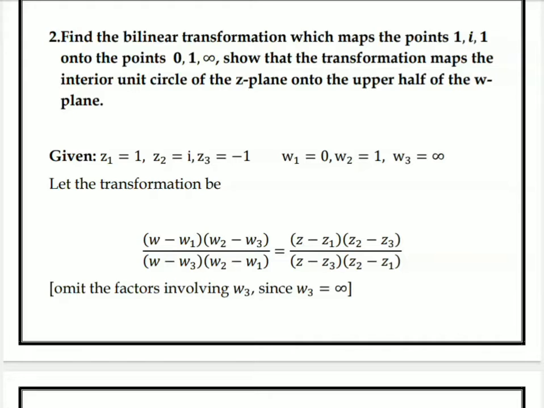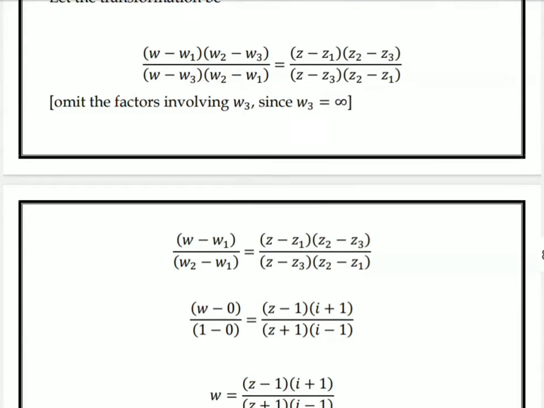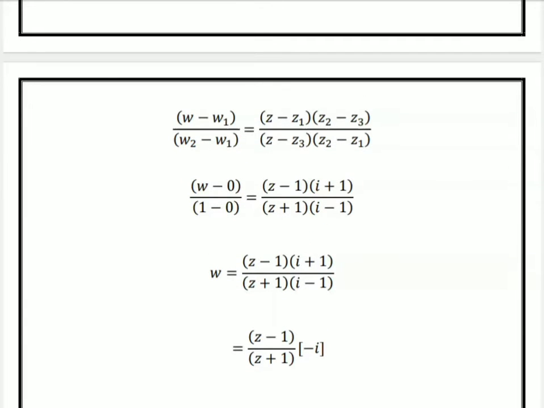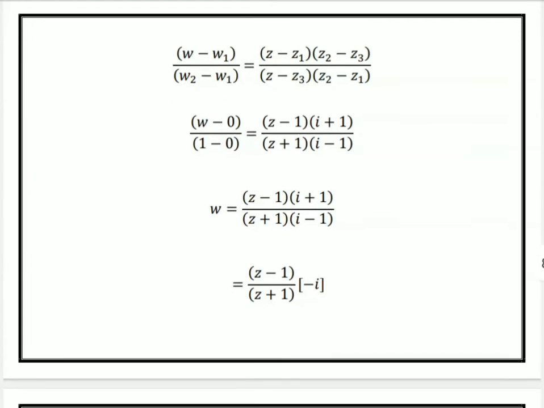Here w3 is infinity, so as before we omit that term. The remaining formula is (w - w1) divided by (w2 - w1) equals (z - z1)(z2 - z3) divided by (z - z3)(z2 - z1). Now substitute the values of w1, w2, z1, z2, z3. So (w - 0) divided by (1 - 0) equals (z - 1)(i + 1) divided by (z + 1)(i - 1).